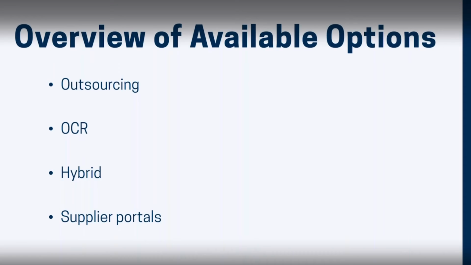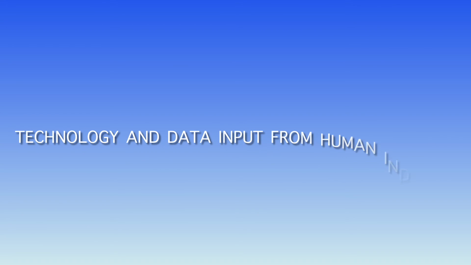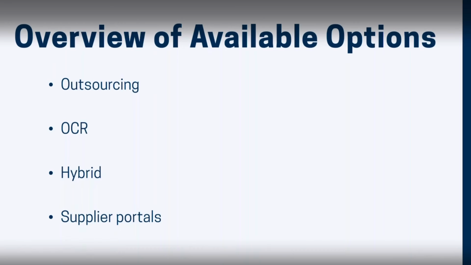The next we call it a little bit of a hybrid. This is where your company partners with a solution provider that's going to offer both the technology components, but also some data input from human indexers. So it's combining the two.